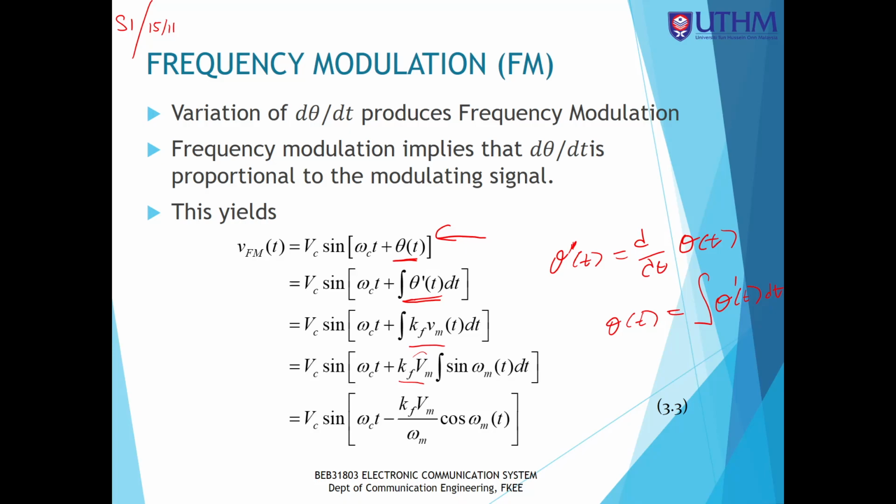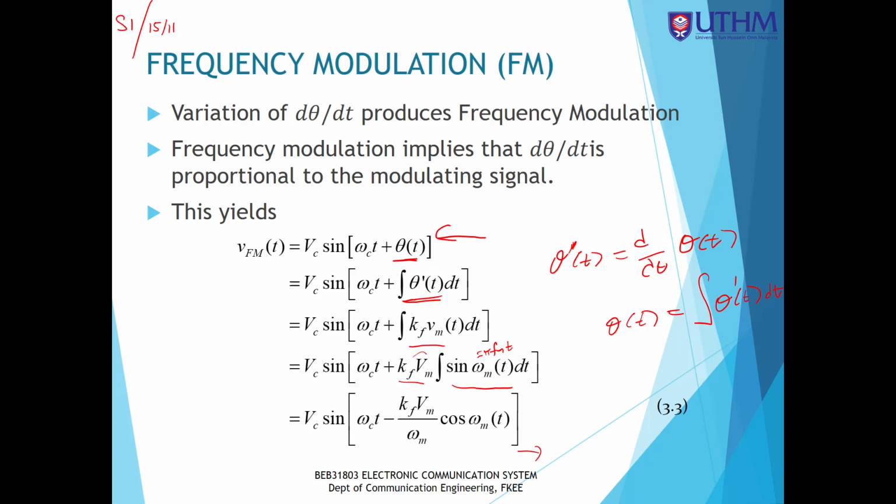The integral of sine omega mt, which is actually 2 pi fmt, gives negative cos over omega m. Therefore you get Vc sine omega ct minus kf vm over omega m cos omega mt.